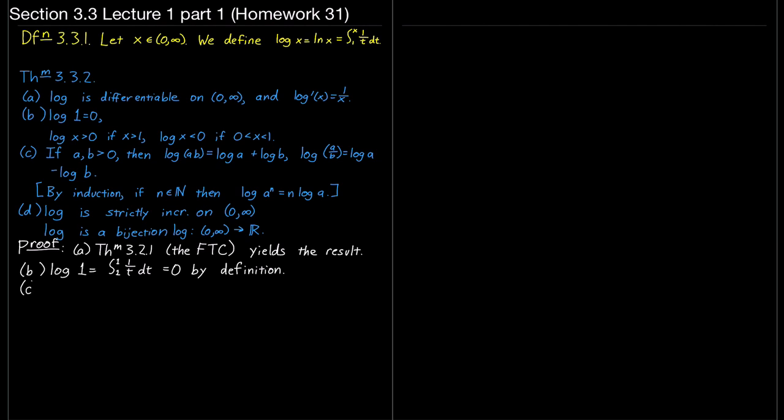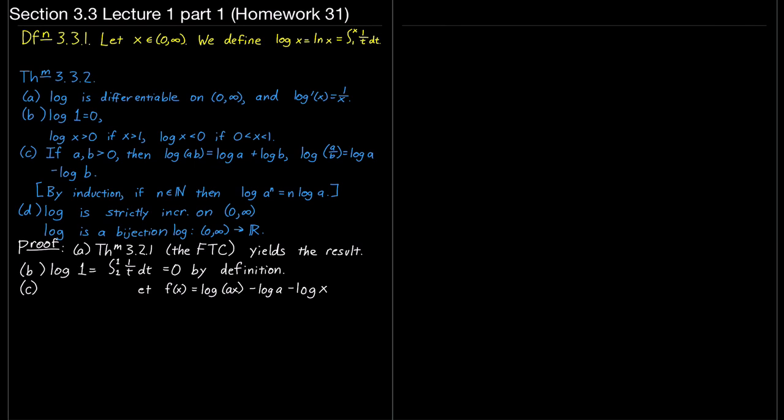Now let's prove part C, because we'll need it to prove part D. So here's the simplest way. F of x is logarithm of ax minus logarithm of a minus the logarithm of x.